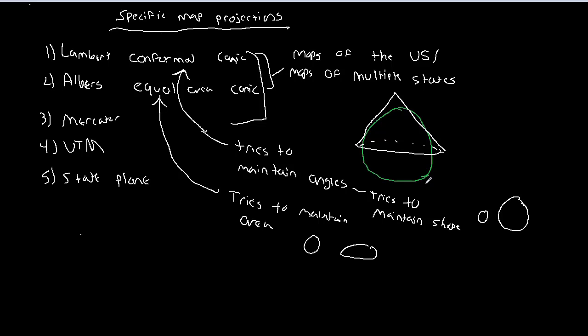So there are South American equivalents and European equivalents. Anything in the northern part of the northern hemisphere or the southern part of the southern hemisphere is going to have some form of Lambert conformal conic or Albers equal area conic. You just have to go online and figure out what the name is for the region you're looking at.